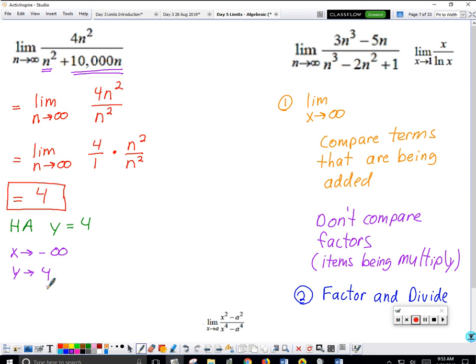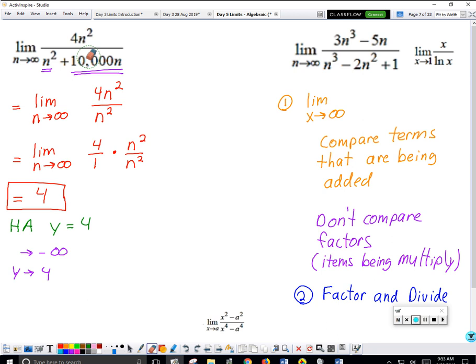So what I did is I said, well, it really should be n. If n is approaching negative infinity, I come back to the original problem and notice I don't do anything with that. I can still compare these because they're adding. That's this idea.